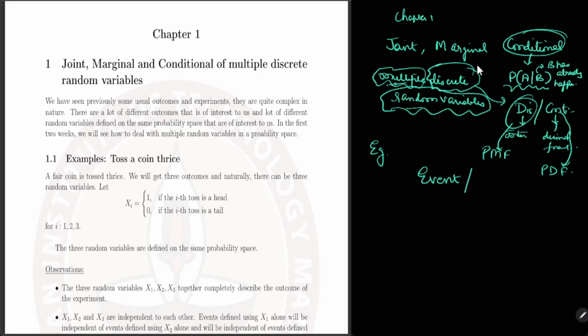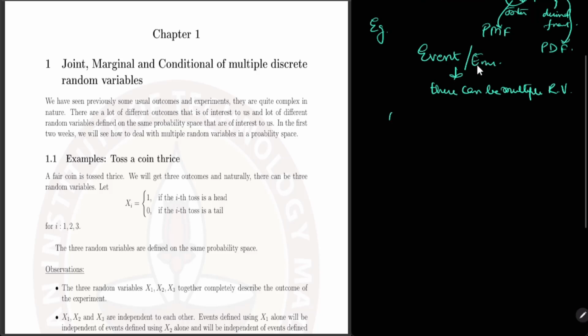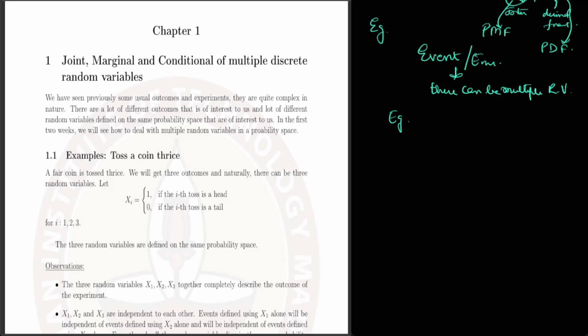In one experiment, there can be multiple random variables. Example, toss a coin thrice. A fair coin is tossed thrice, we will get 3 outcomes and naturally there can be 3 random variables.